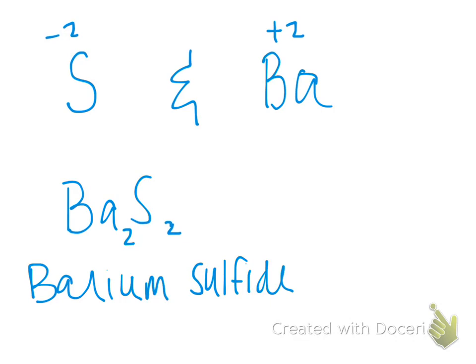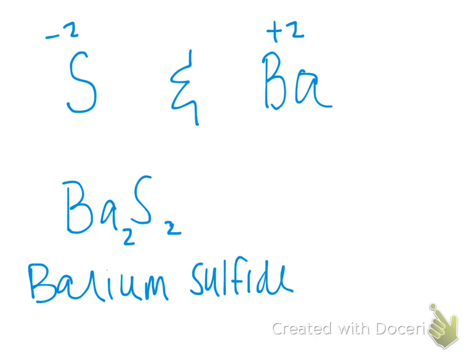So for compounds between a cation and anion, or a metal and a non-metal, these are ones that we can reduce. Overall, I should have told you this before we started. This is called ionic naming. Put this at the top of your notes because there's two methods that we'll use, ionic and covalent naming.